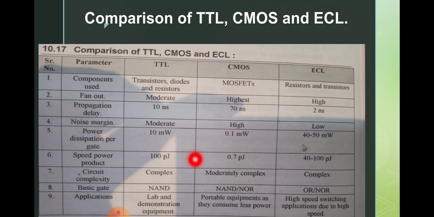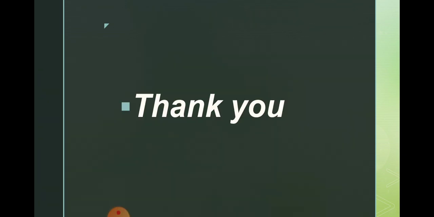In case of TTL, TTL ICs are used in lab and demonstration equipment, whereas CMOS ICs are used in portable equipment as they consume less power, and ECL ICs are used in high speed switching applications due to their high speed. So this is the comparison of TTL, CMOS and ECL. Thank you very much.